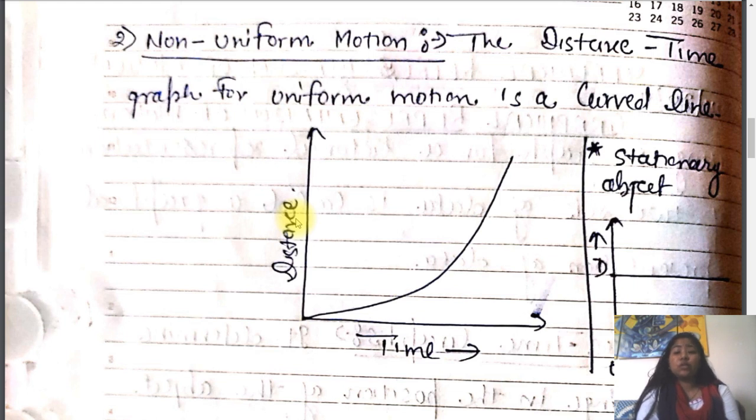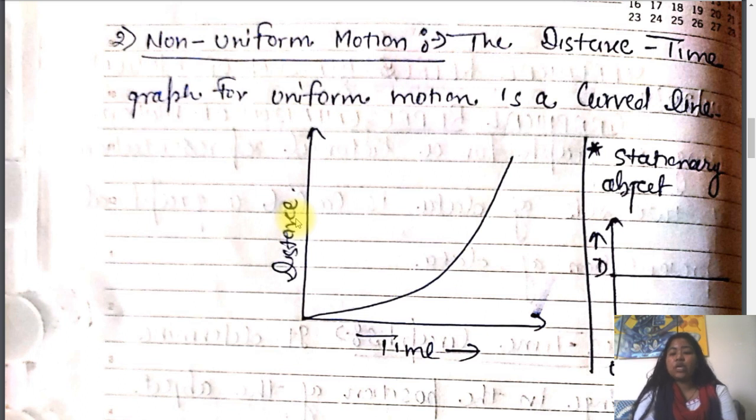Sometimes we have another situation for the distance-time graph. When an object is stationary, the amount of distance will not change with time. Time will keep on changing, but the distance will not change. Done. Suppose we are standing at a distance of 1 kilometer and keep standing there for 5 hours.